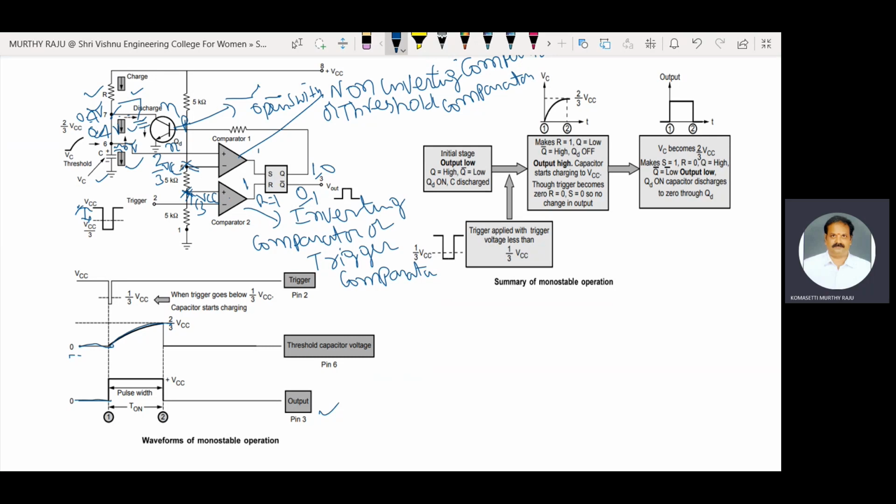Therefore, the output of the comparator is high, and Q is also high. Whenever Q is high, the transistor is in the on condition. Again, the capacitor is discharged to 0.